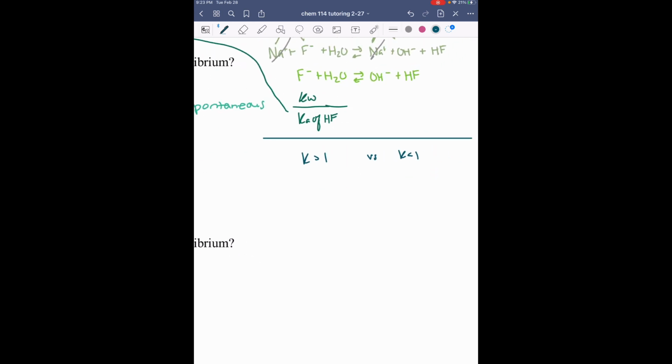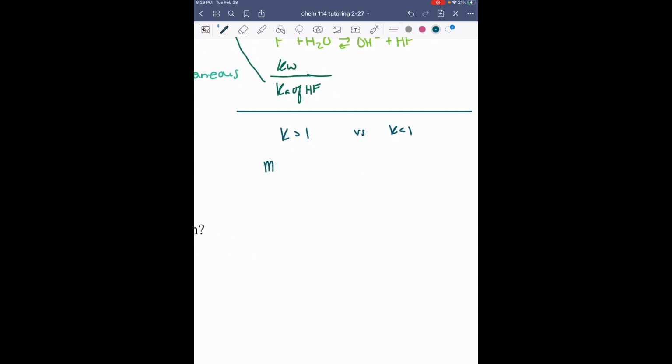K is greater than 1, then we have more products at equilibrium, versus K is less than 1, we have more reactants at equilibrium. So that means delta G is negative versus delta G is positive.